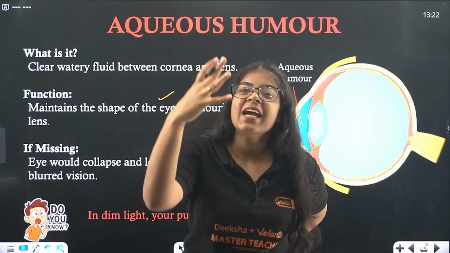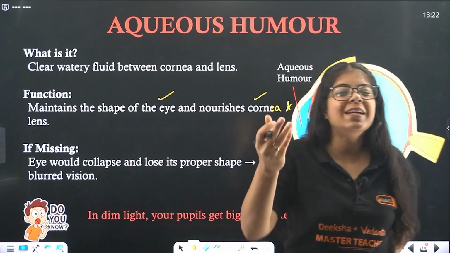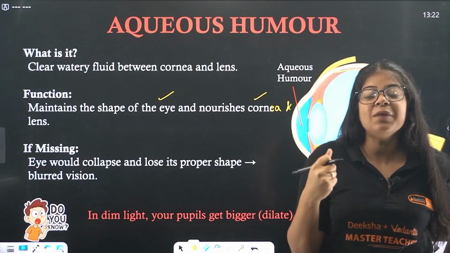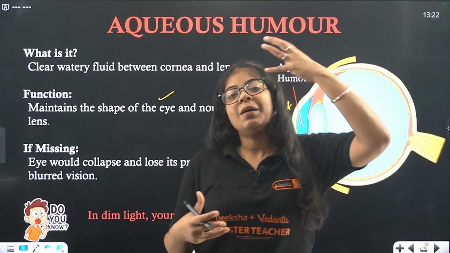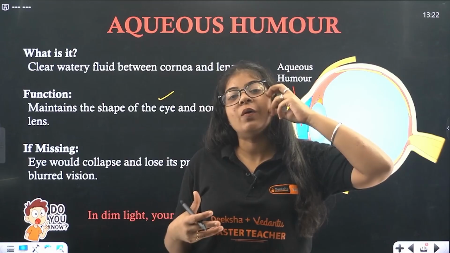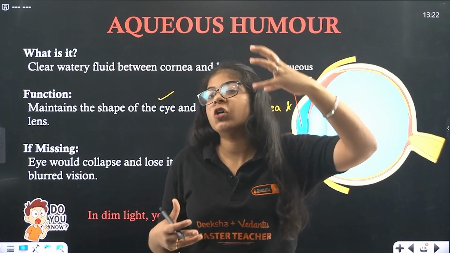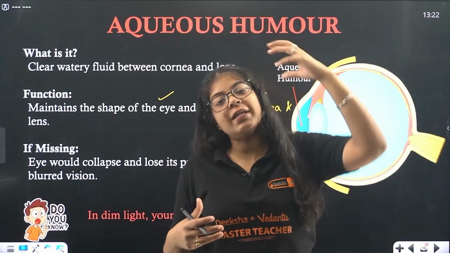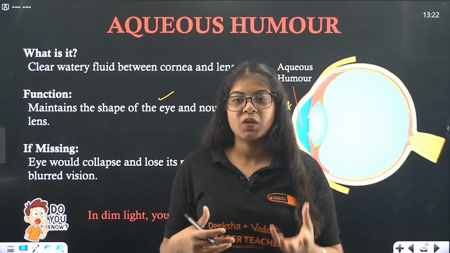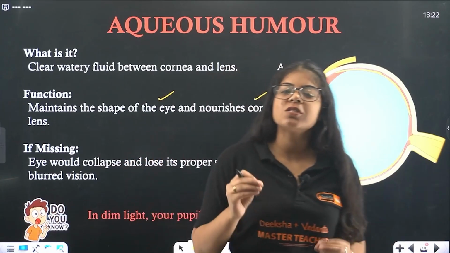It breathes, yes, it gets oxygen from the air, and along with oxygen it also gets some nutrients and some other gases. So the main purpose of this fluid is to give nourishment to the cornea as well as the lens. Okay, someone has to nourish the lens as well, right? That's what this aqueous humor does.